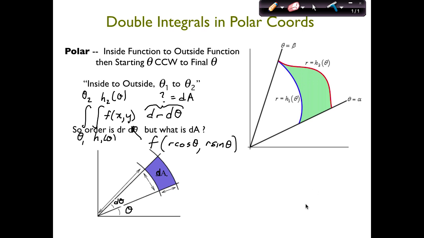Okay, what about this right here? What would this be? That's dr. And from the origin out to our element would be just r.